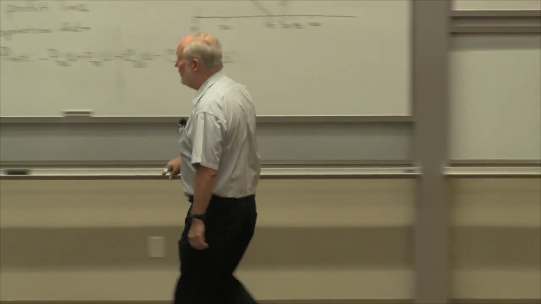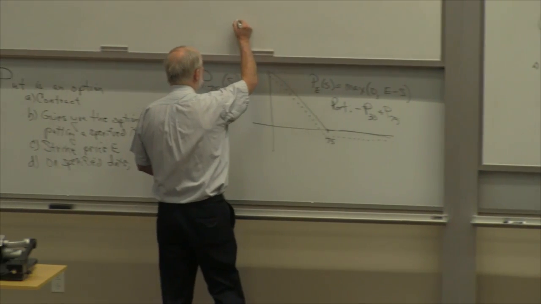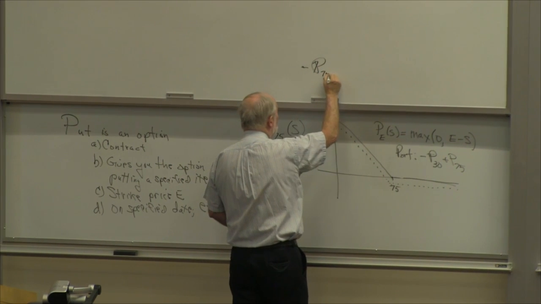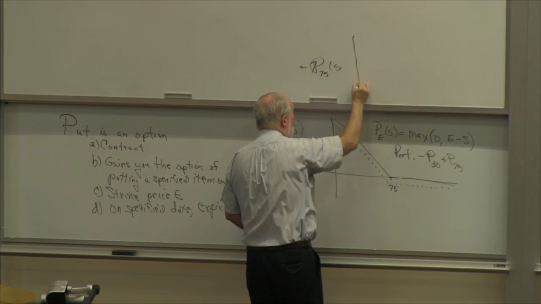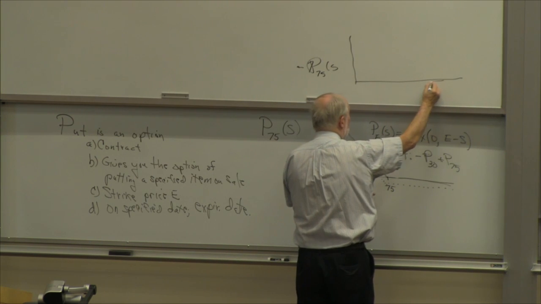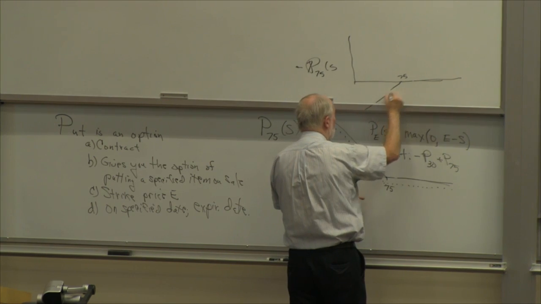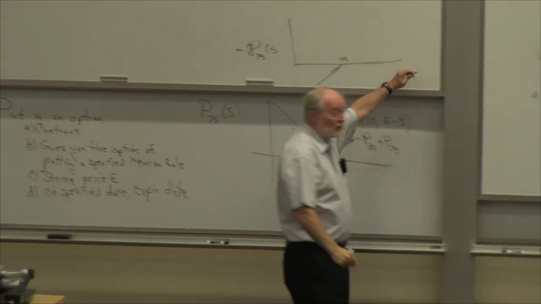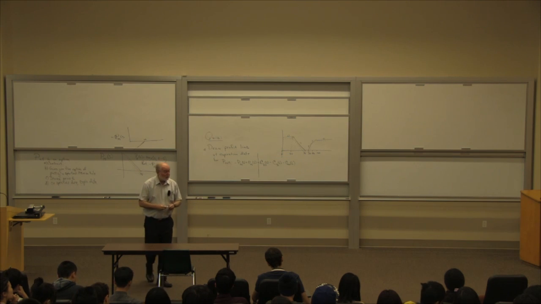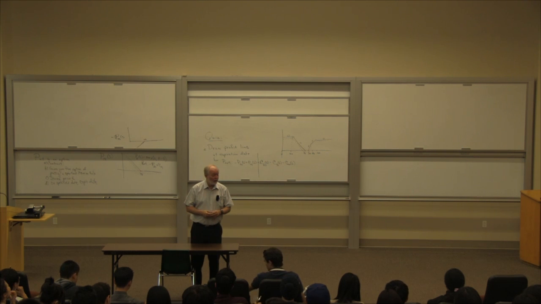Here's 75 right here. Yeah, that one makes sense. And then the negative 75 is just going to be taking this curve right here and flipping it, and going down here. Doesn't affect anything over here. It will with the option, you know, the amount of money you paid for it, but that's it. Okay?